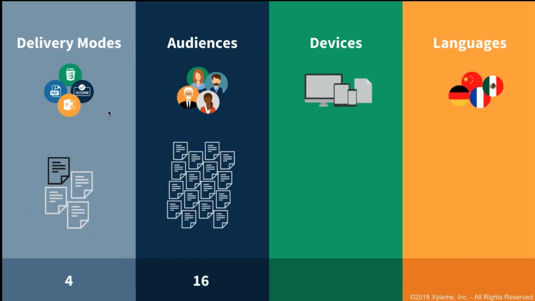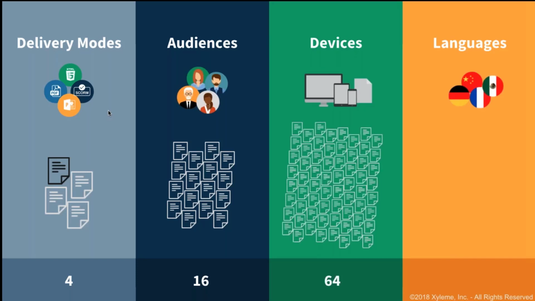And then we start looking at the different audiences that we have to support and how we have to contextualize that content and make sure it applies to the people, whether it's regional differences, maybe it's differences of job titles and what they're responsible for, but we're always tweaking it for those different audiences.